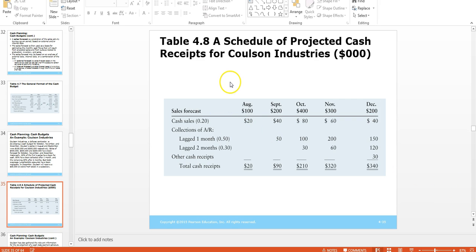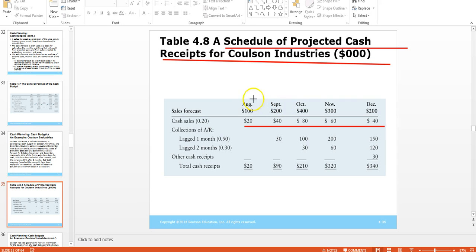Okay, so here is the cash receipts, right? And basically, we have the schedule of projected cash receipts. You will notice here's the sales coming in, right? Here's the sales, and here's our sales forecast. Notice this is cash sales, which is 10% of the forecast, and here's the collections of accounts receivable.